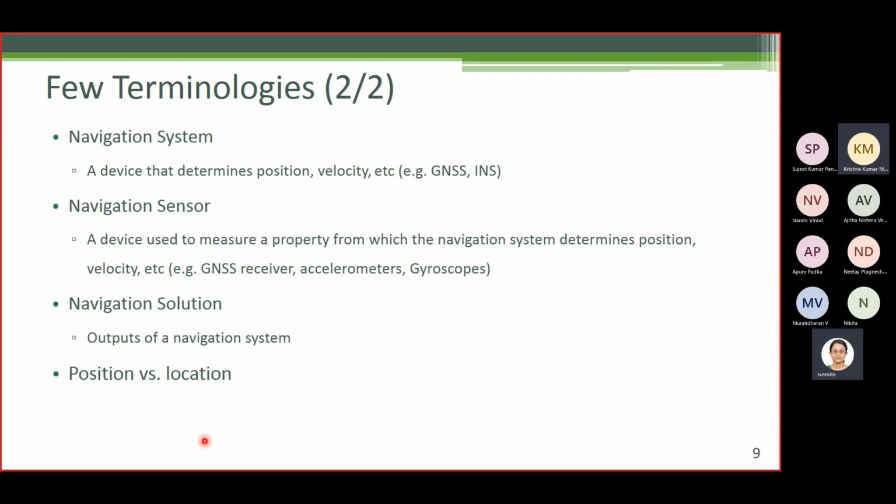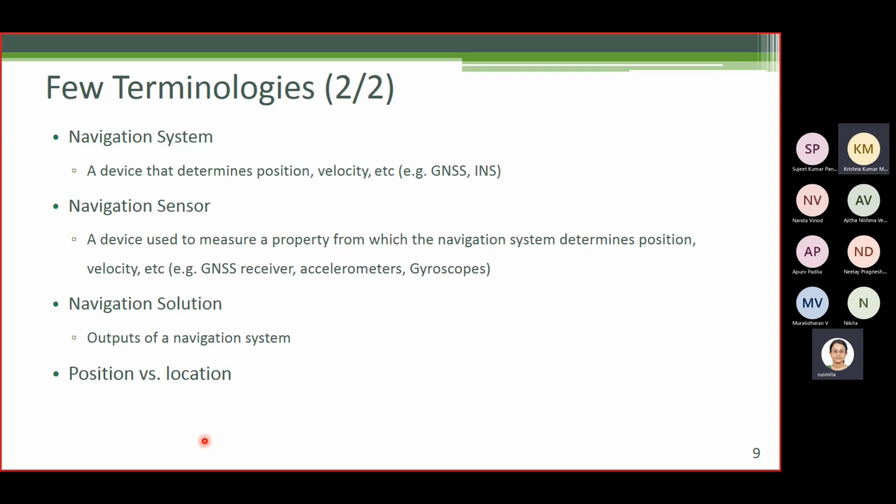The navigation sensor is a device that measures a property or a quantity from which the navigation system gives position, velocity, etc. In case of GNSS, the user equipment used to get GNSS signals is called a GNSS receiver.